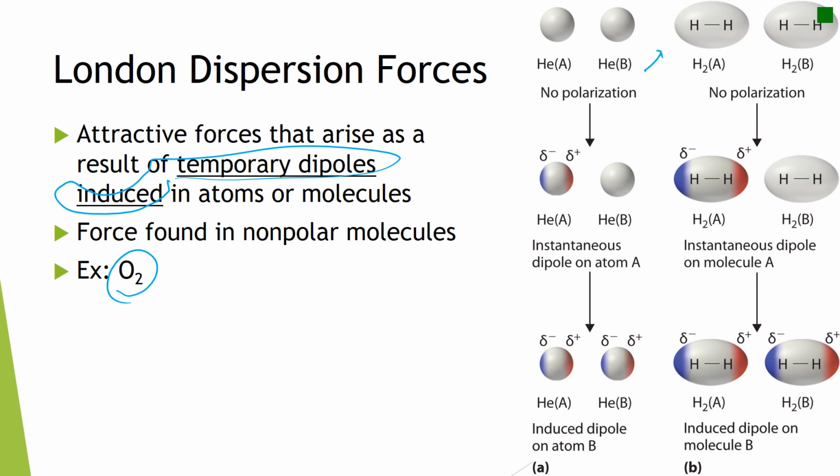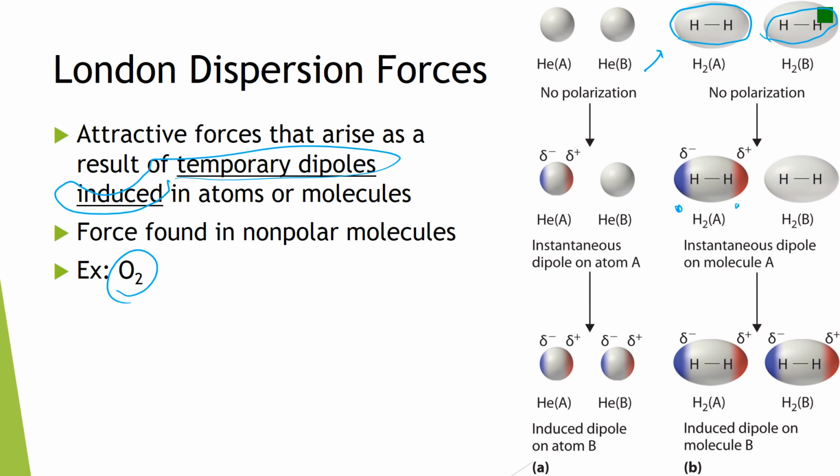All right, so typically what happens is when you look at this, and this is like your electron distribution, it is perfectly even. But because electrons are constantly moving, at one particular time there might be more electrons on one side than on the other.